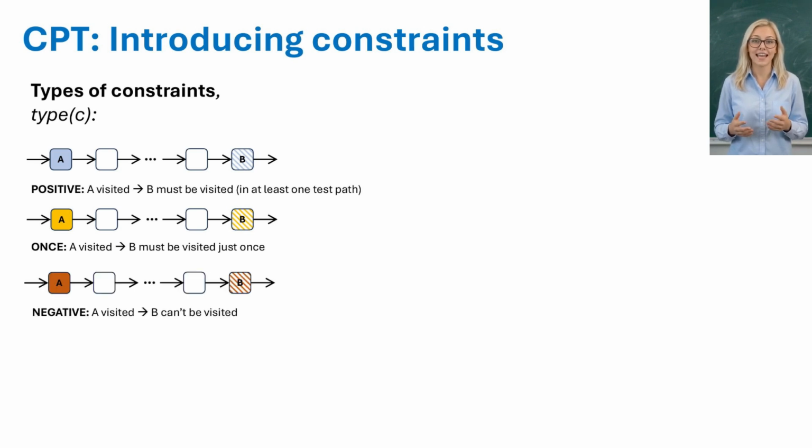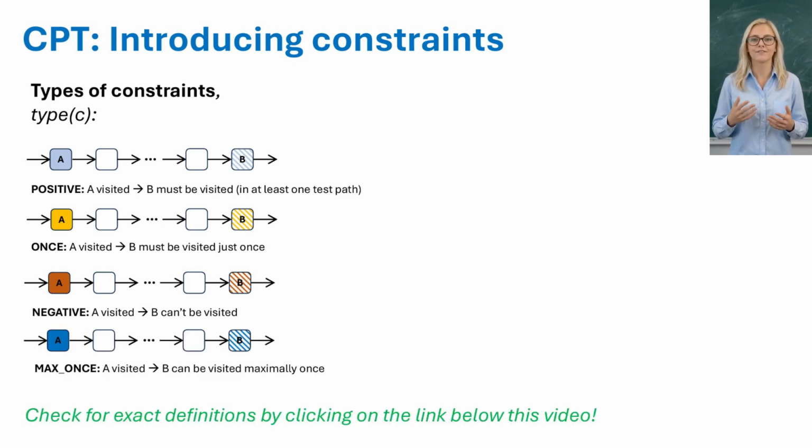To satisfy the negative type of constraint, node A must not precede node B in any test path. Finally, to satisfy the maximally once type of constraint, node A may precede node B at most once in at most one test path. More exactly, the repeated presence of the pair of node A followed by node B in any test path violates the satisfaction of this constraint.